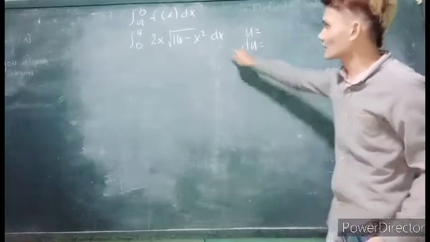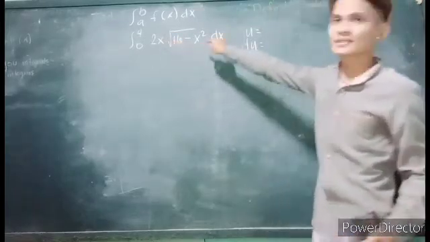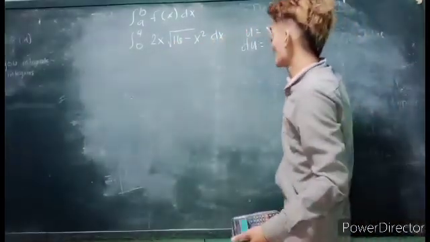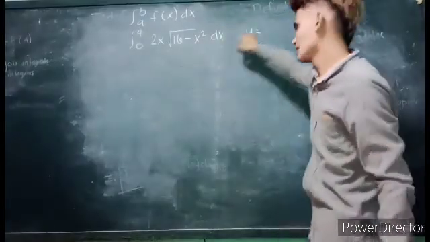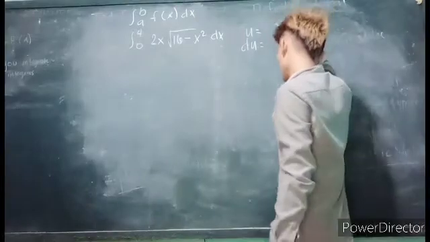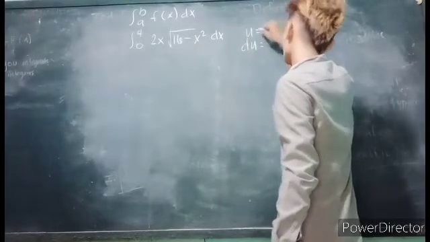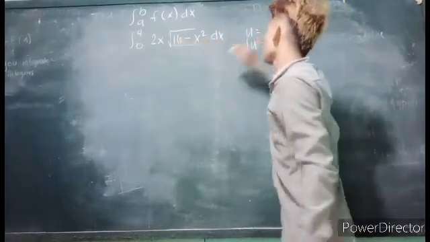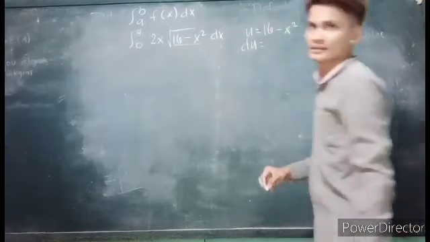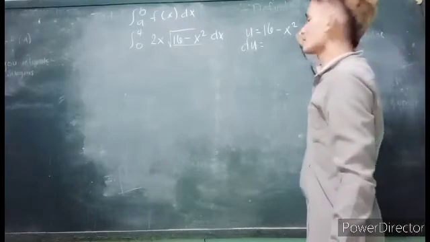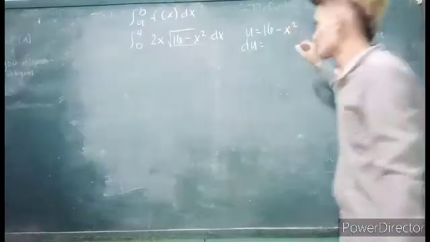So, in this problem, what is our u? Okay, our u here is 16 minus x squared. Why? Because x squared is higher than x.